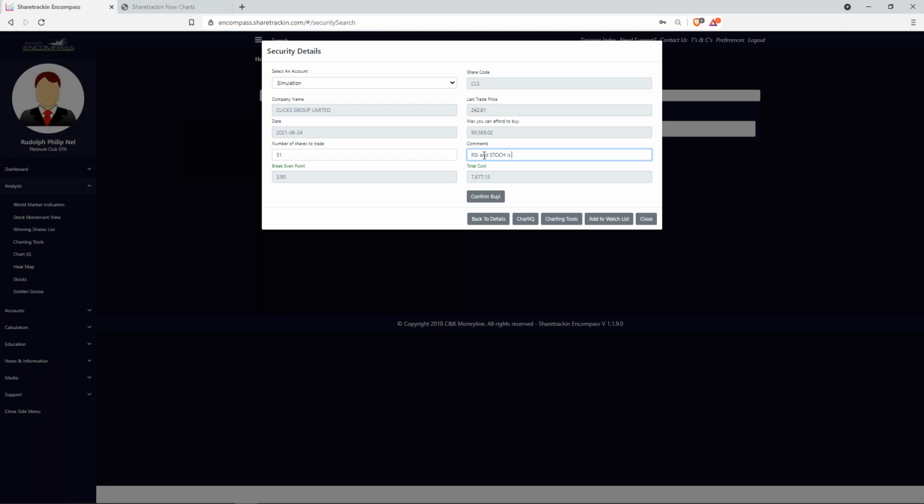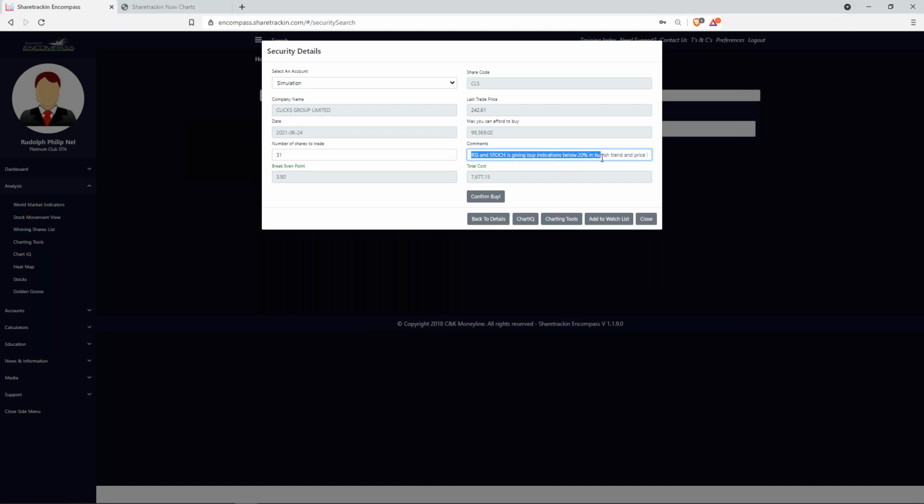RSI and stochastic is giving buy indications below 20% in bullish trend, and price is positive for the last 3 days. All right, so that's more than good enough reason to buy the share.